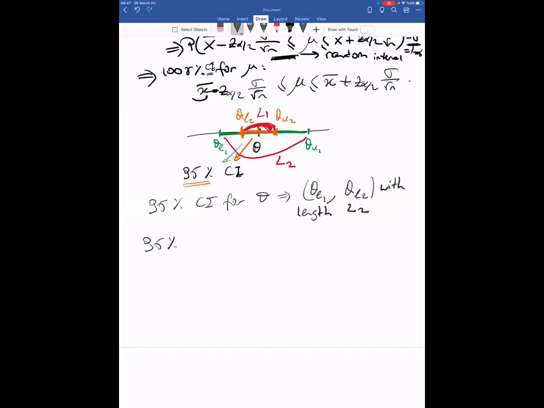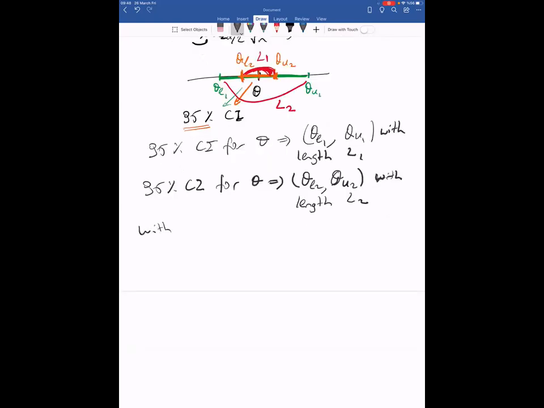Also, we have a 95% confidence interval for theta, which is theta L2 and theta U2 with length L2, with the same confidence level, and L1 is greater than L2.